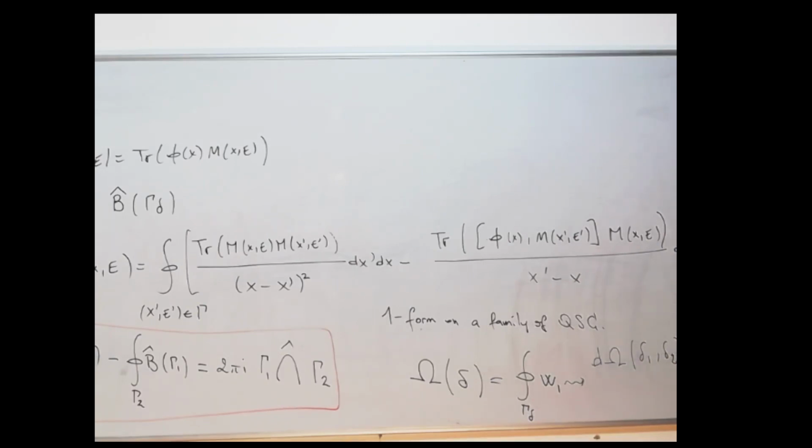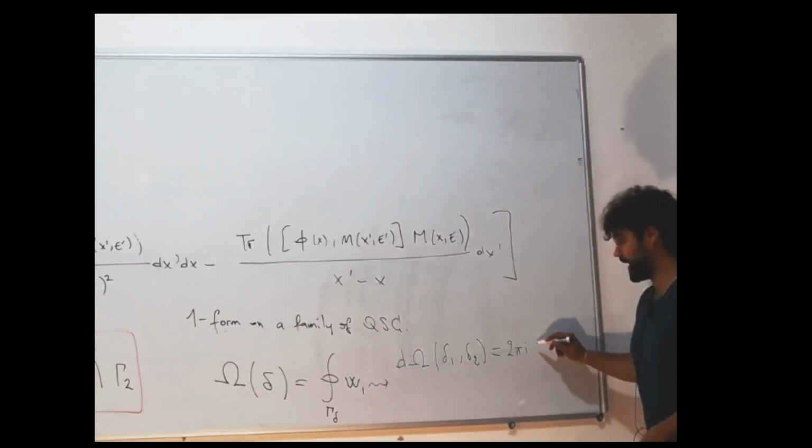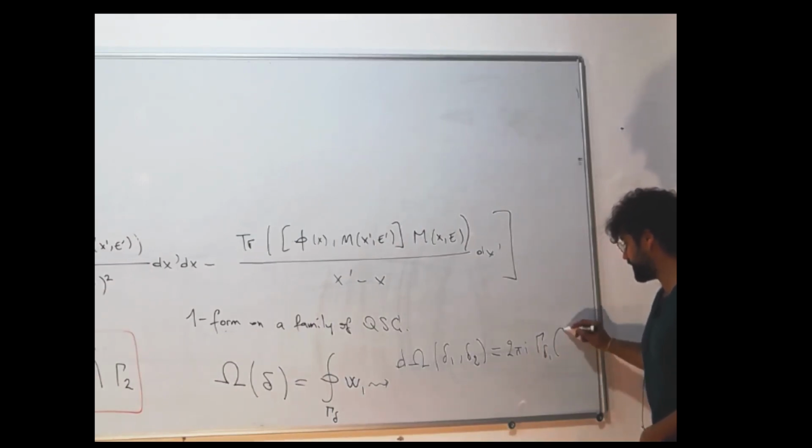This is equal to 2 pi I gamma of delta 1 intersected with gamma of delta 2.